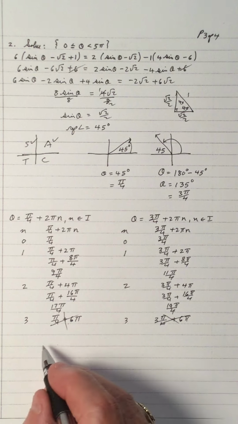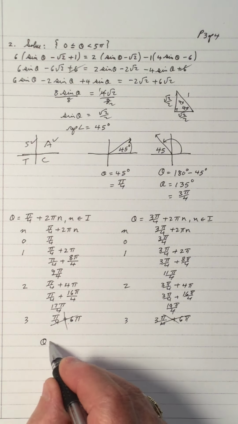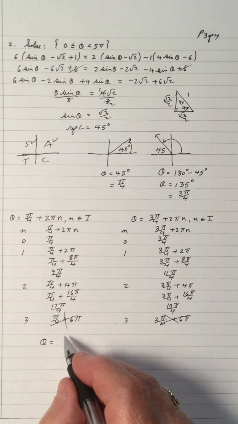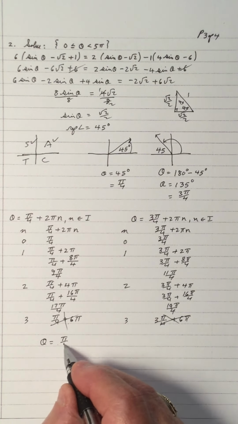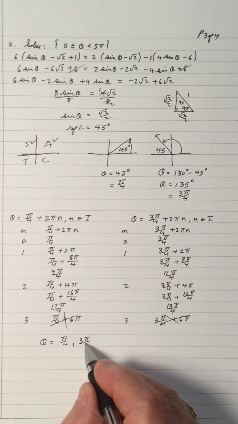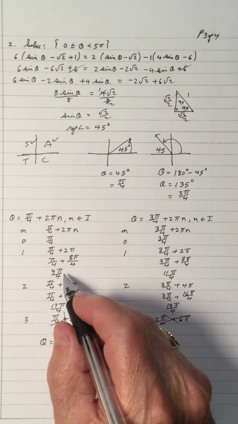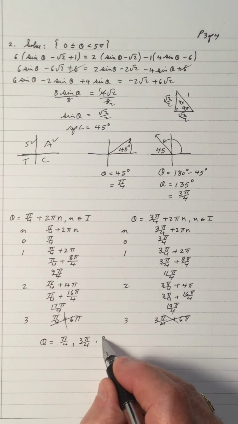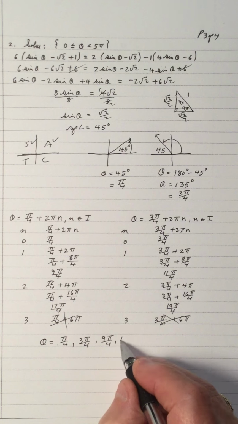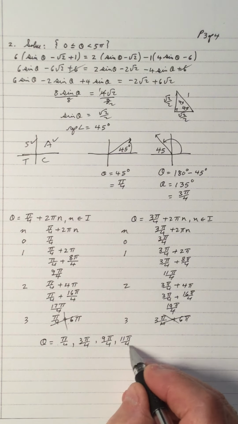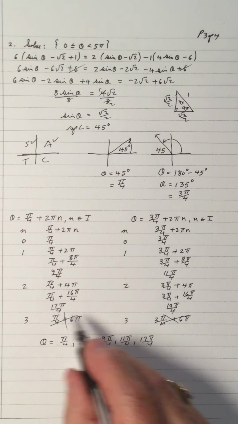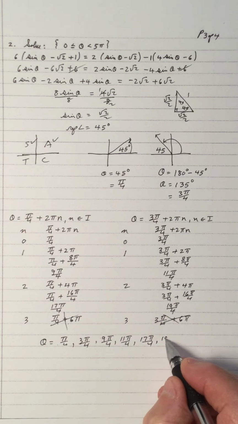So the angles that we represent in terms of radians: we have pi over 4, 3 pi over 4, 9 pi over 4, 11 pi over 4, 17 pi over 4, right there, and 19 pi over 4.